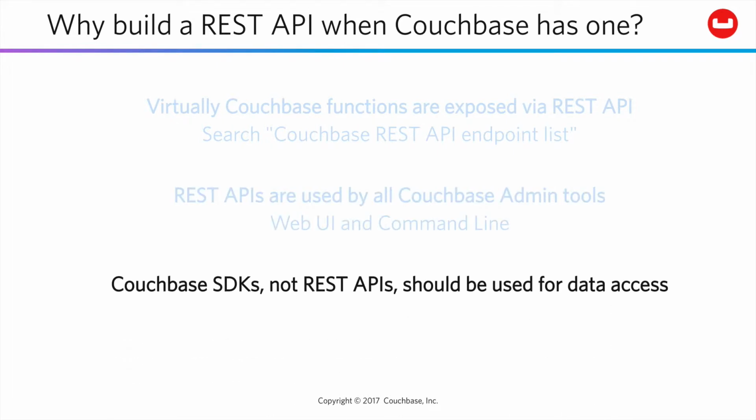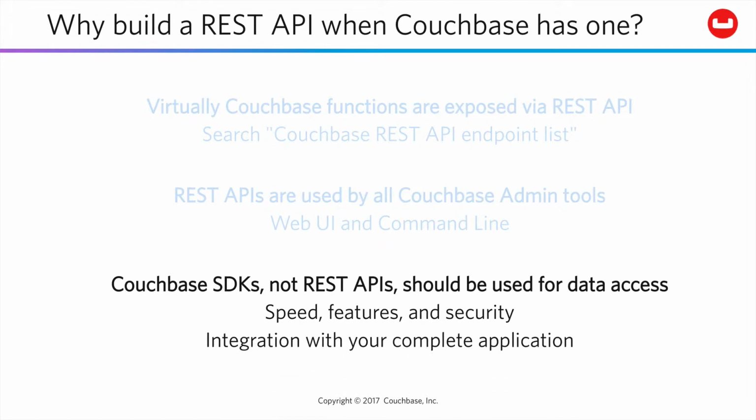However, it's the Couchbase SDKs, not REST APIs, that should be used for your own data access. These SDKs implement speed, features, and security, and as an SDK, you can integrate all of these much more tightly with your full application than if you just isolate it all in an HTTP layer.